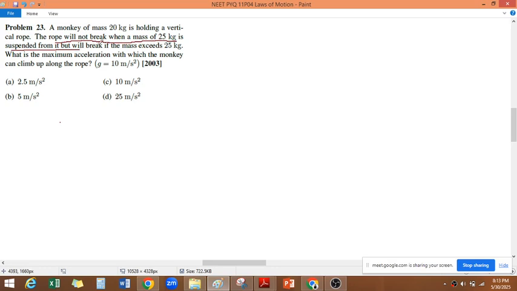So that means they are indirectly given the maximum tension. Up to 25 kg that rope will not break. So that means tension is here and this is mg. Beyond that, if I put any mass, this will break. So that means T maximum is equal to mg.